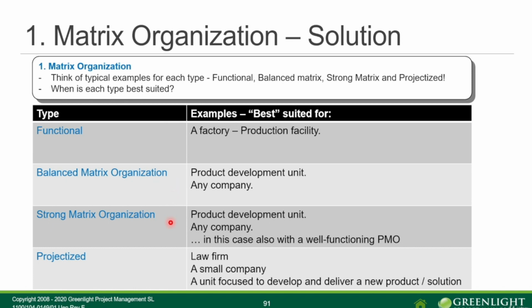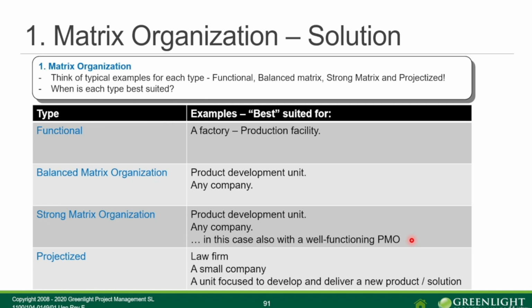Actually, strong matrix organization is basically the same. But here, as I said before, we also have a well-functioning PMO, Project Management Office, where we have the competence center where the project managers are organized, and together they ensure that we continuously develop a better project culture.